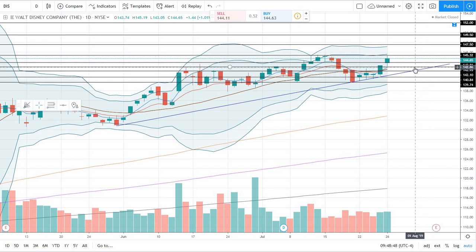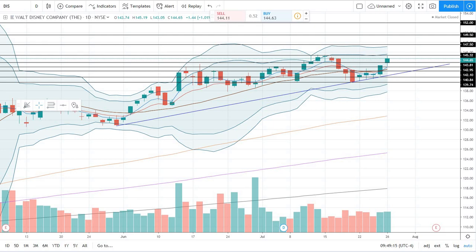We'll do 143.5. That's under 143.8, and gives you a couple cents of breathing room, and then we'll do probably 142 as a looser stop.